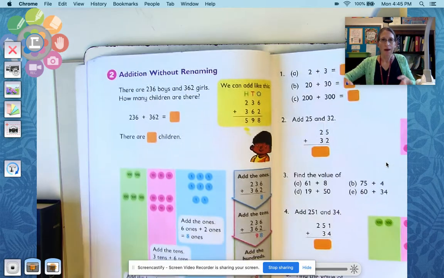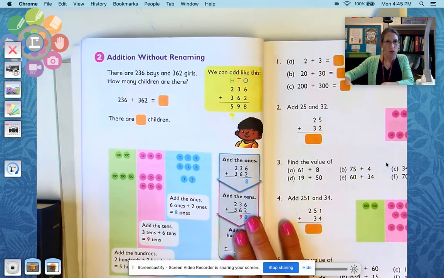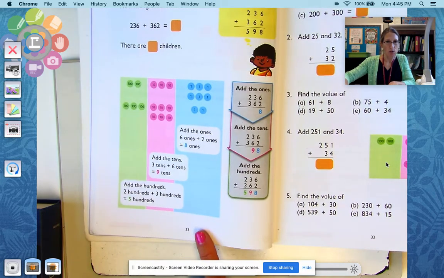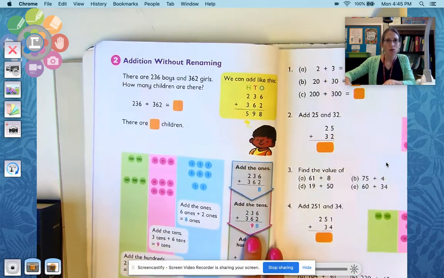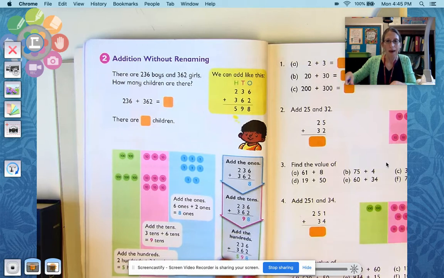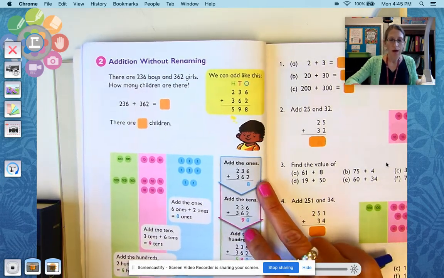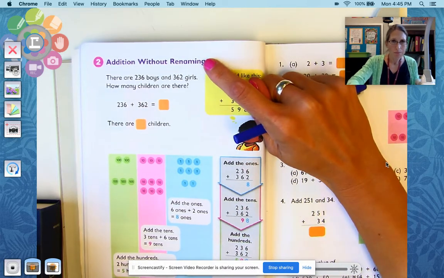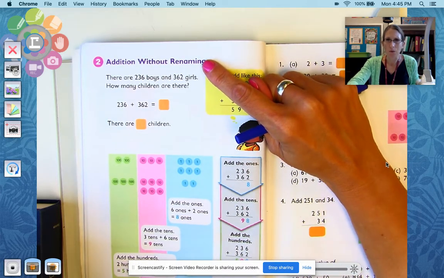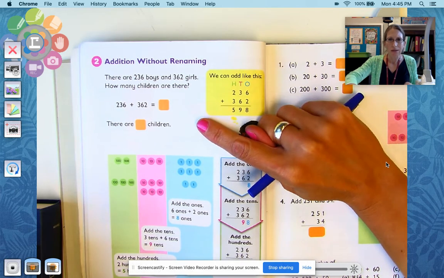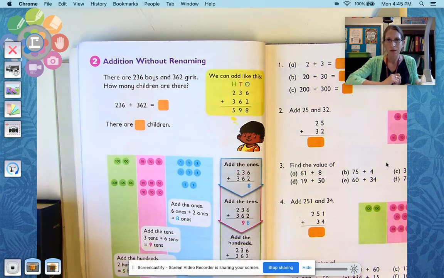Then we are going to look at page 32 in our textbook. So there's page 32. And on page 32, we are going to work on adding. And we're going to do some practice with addition without renaming. And renaming is kind of a fancy word that just means when we have too many digits in one place.